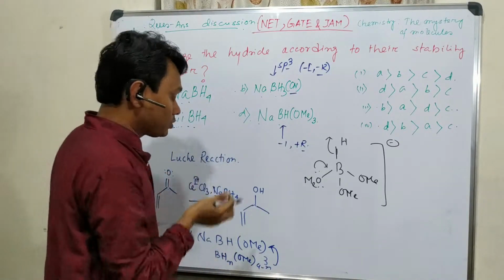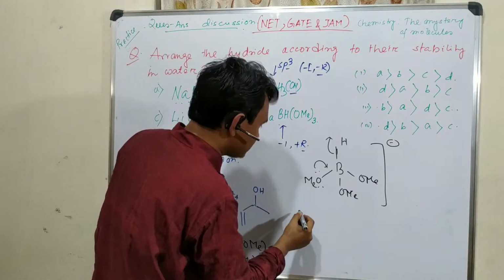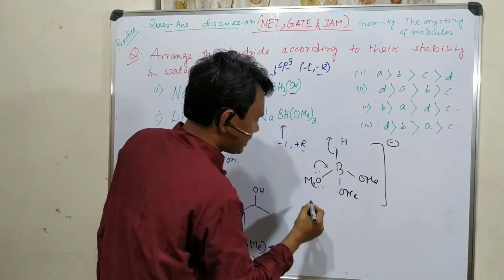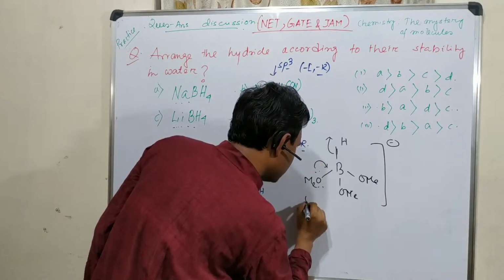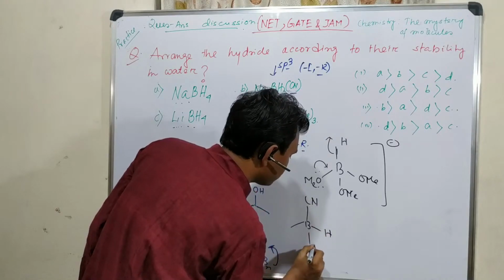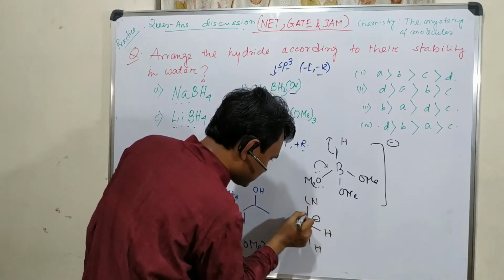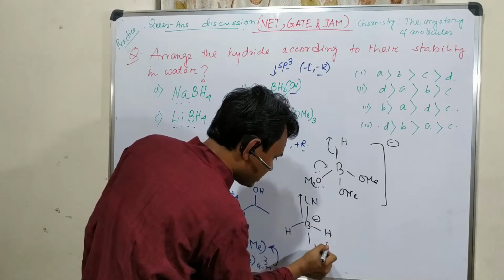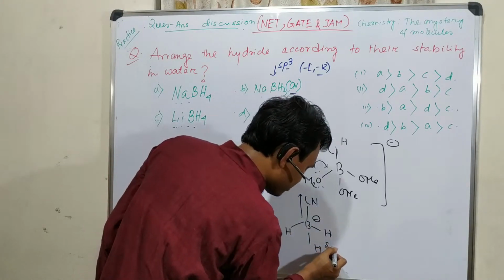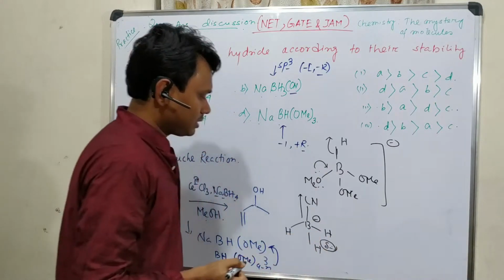First, about sodium cyanoborohydride. It is very less reactive because of the minus I and minus R of the cyano group. Actually minus R can't operate, but the cyano withdraws electron density, so the electron density on hydride reduces, and that's why it is less reactive.